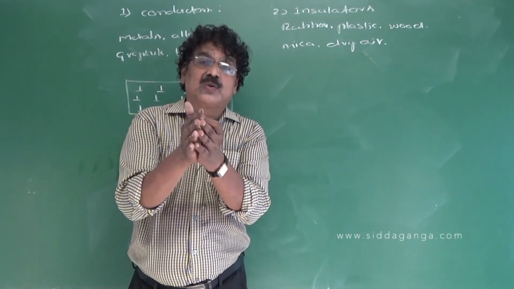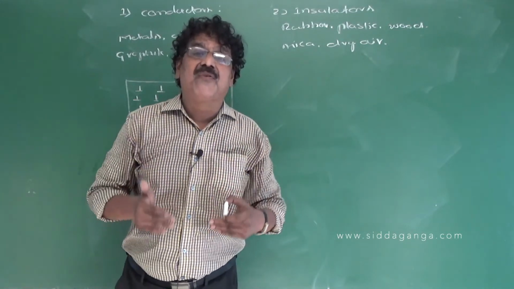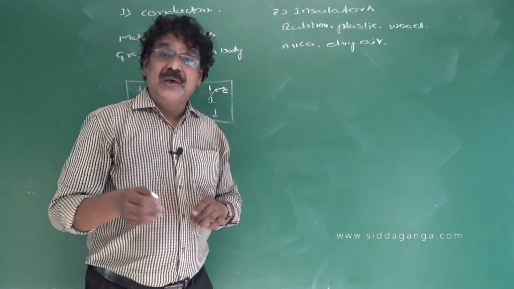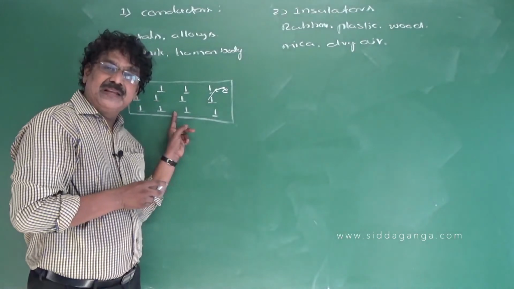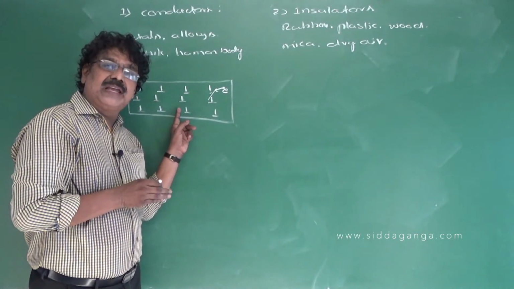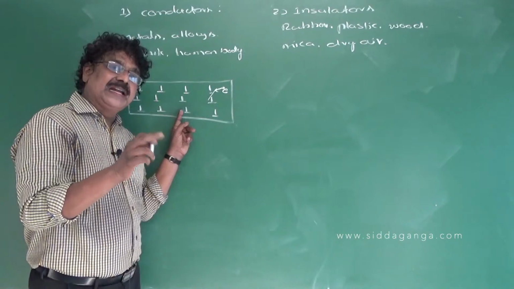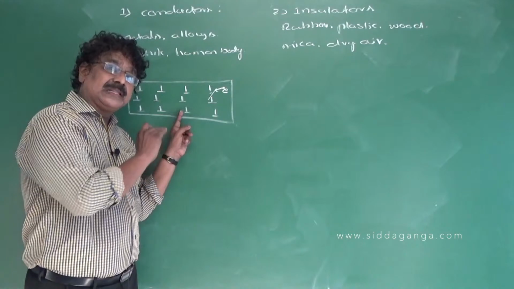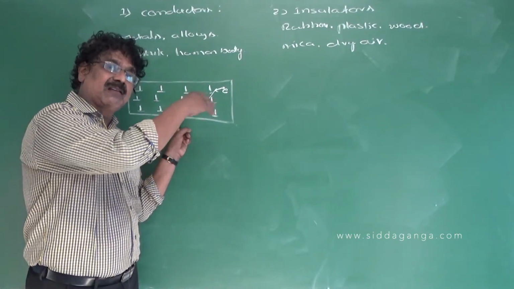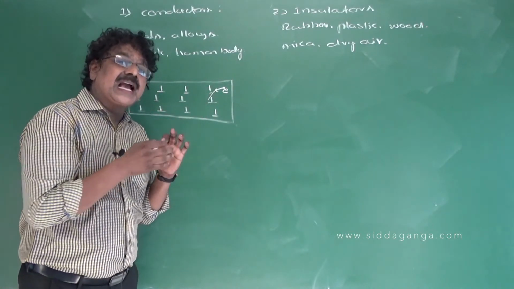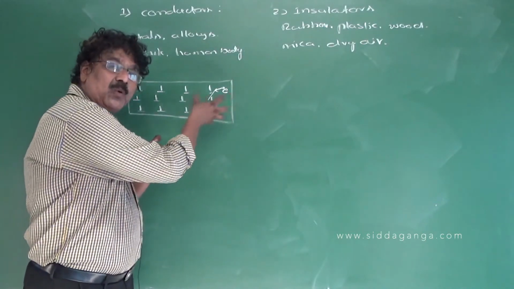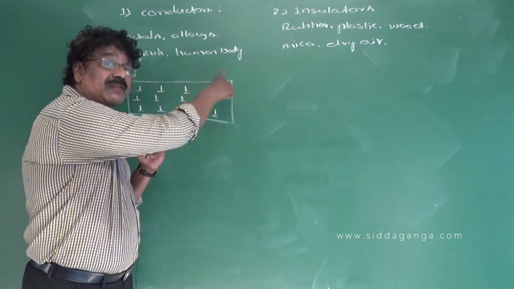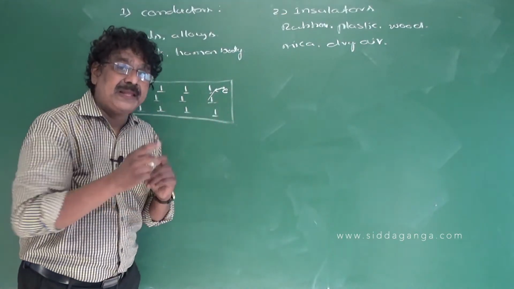Insulators do not have free electrons, therefore they do not allow electric charges to pass through them. Whereas in metals, the outermost orbit is partially filled. It is neither half filled nor completely filled. Therefore, the atom is unstable and electrons can easily come out of the atom and move throughout the metal through interatomic spaces within the surface.